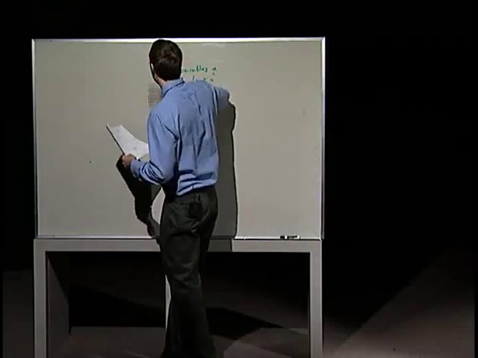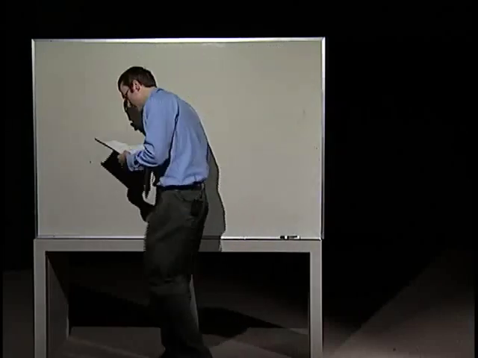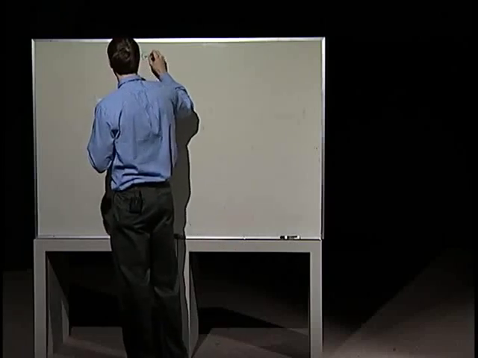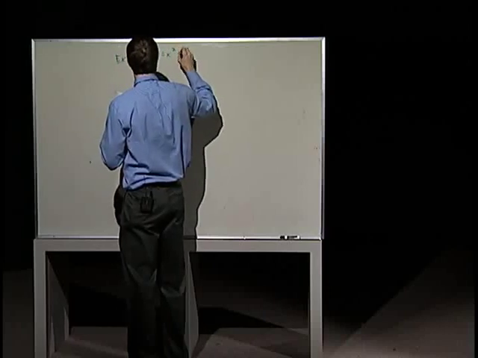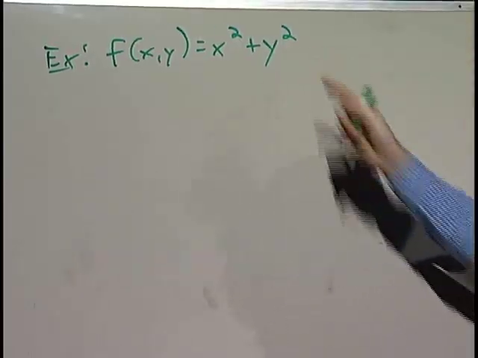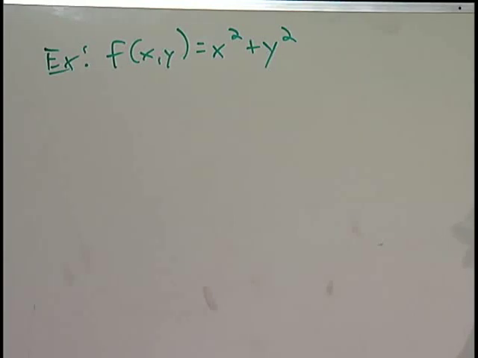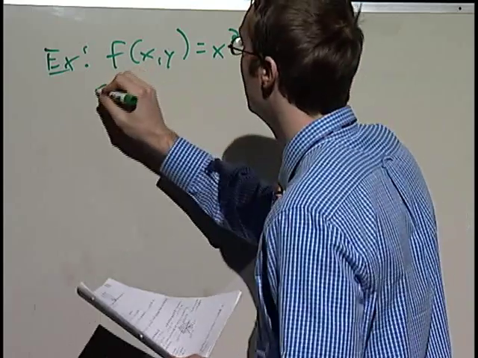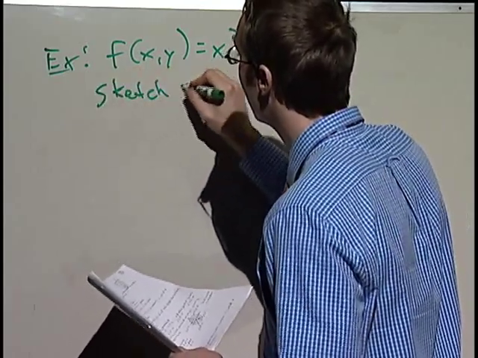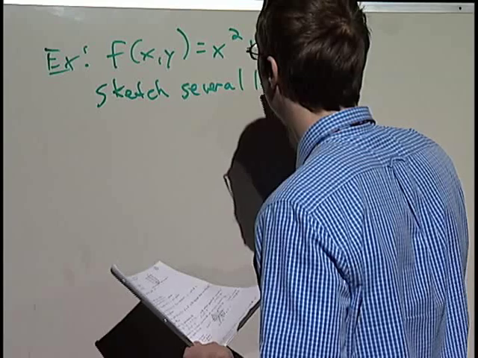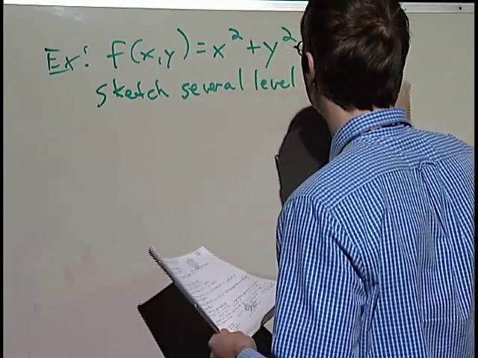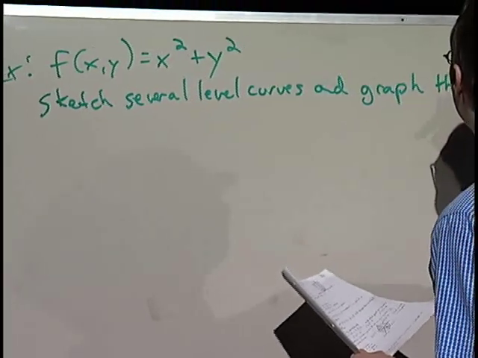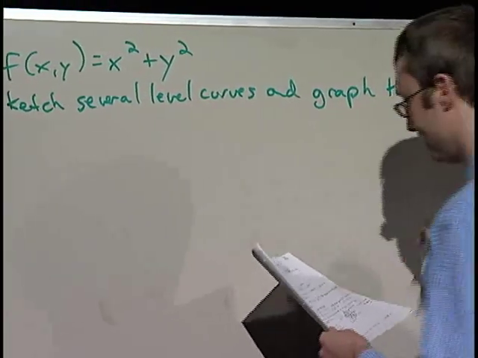All right. So my function's going to be f of xy equals x squared plus y squared. We know that graphs a paraboloid already from what we know about quadric surfaces, but let's look at level curves and see why. So let's sketch several level curves and then graph the surface. Okay?